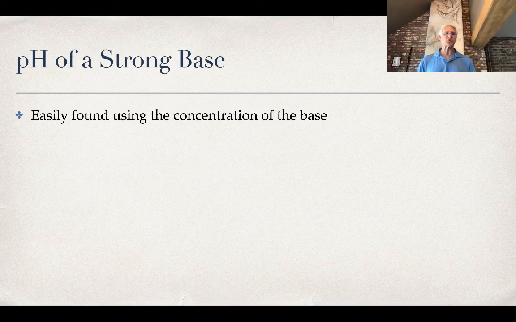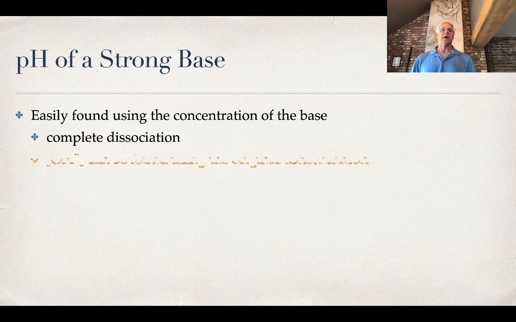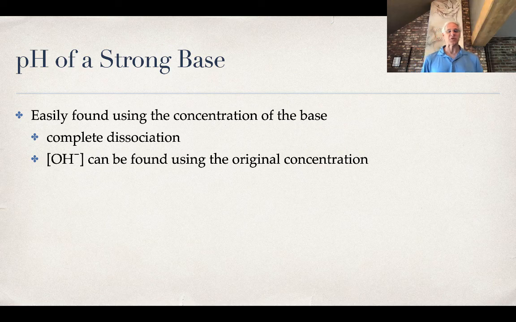Now, if we want to find the pH of a solution that was made from a strong base, we can find it fairly simply using the concentration of the base, but it does take a little bit more effort than it does with our strong acid, but not too much more. So we know that with a strong base, we have a complete dissociation.